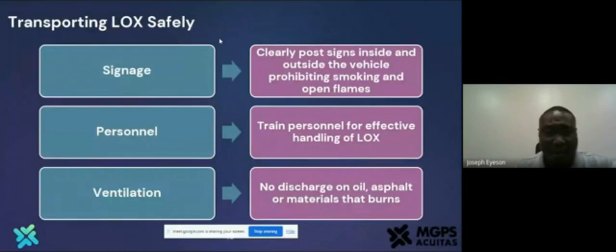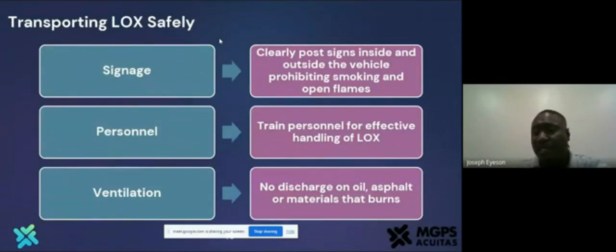There should be signages around it. And then the personnel handling this liquid oxygen should be trained for its effective use. And also during both transportation and delivery, there should be enough ventilation, because these are explosive. And normally there are safety mechanisms around it.